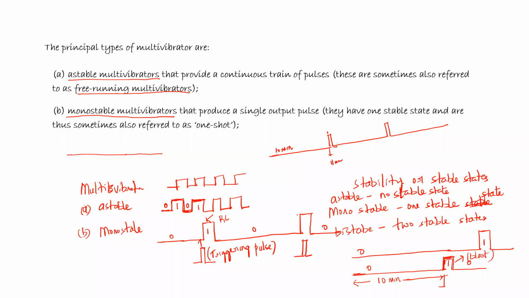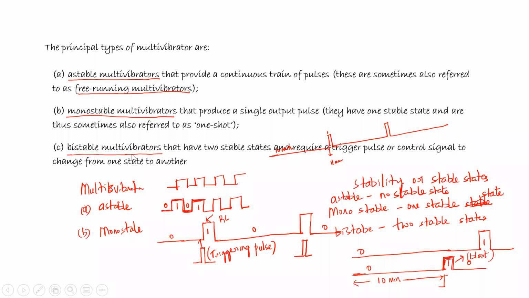Now, if we come to the bistable multivibrator, both the states are stable, whereas in the monostable only one state is stable. What happens in bistable? The output is 0 for some duration.